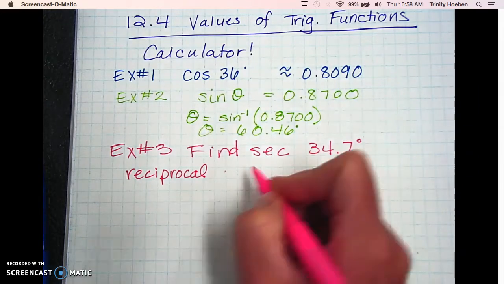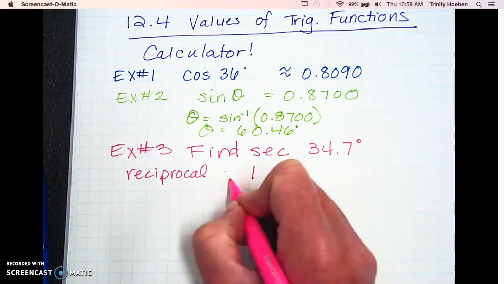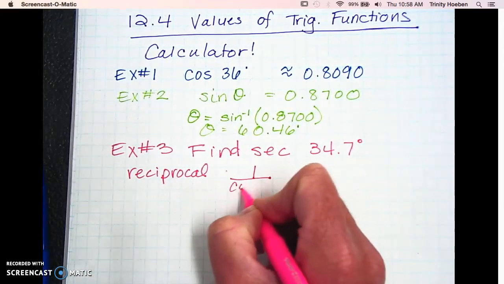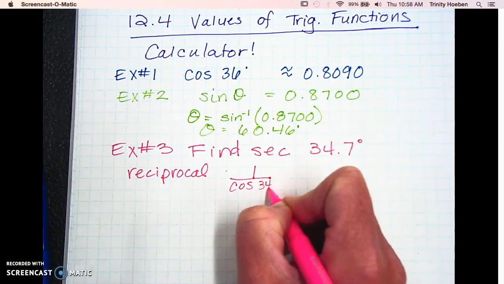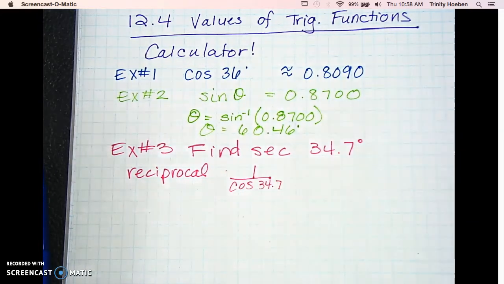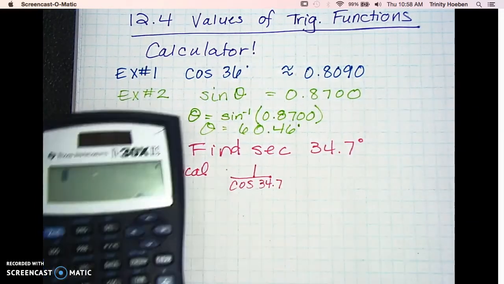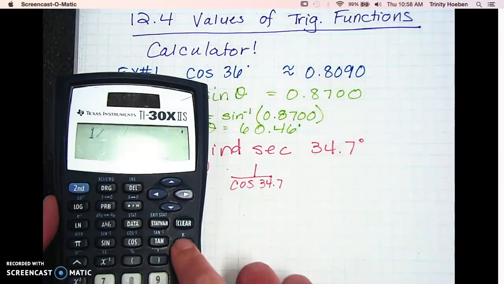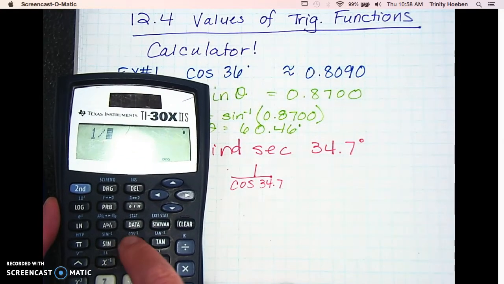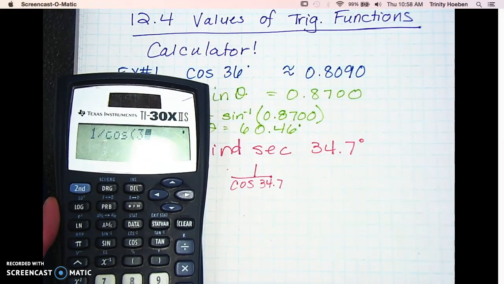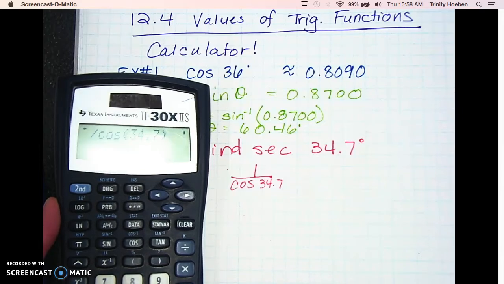Cosine. So we're going to say 1 over the cosine of 34.7, and that's how you're going to type it in your calculator. You're going to go 1 divided by the cosine of 34.7, hit the equal sign.